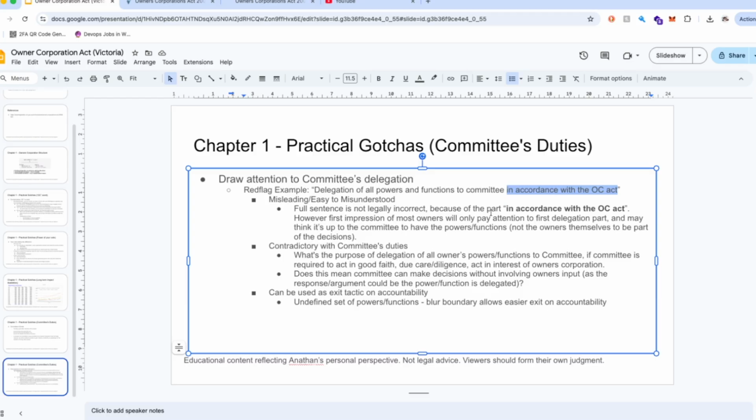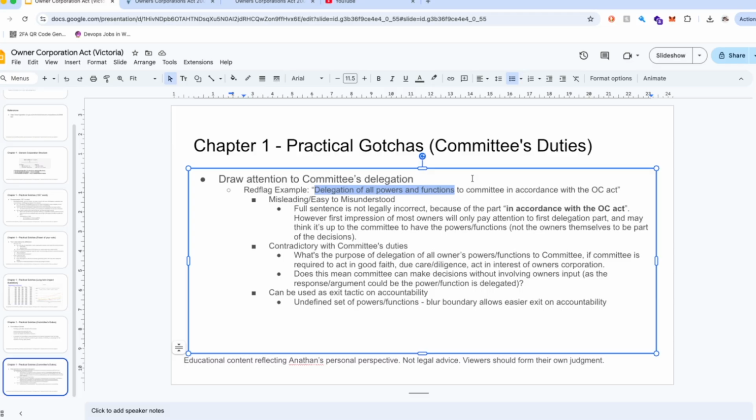However, the first impression of most owners is that they will only pay attention to the part at the start, because most owners aren't, let me use the term, educated enough about the OC Act, or how it works, what the legislation permits, what it prohibits.